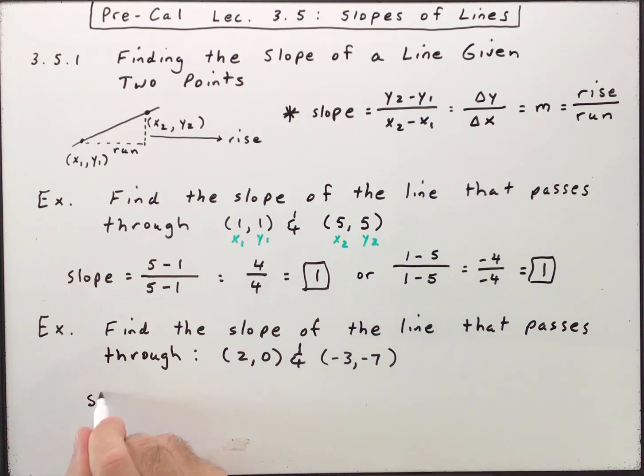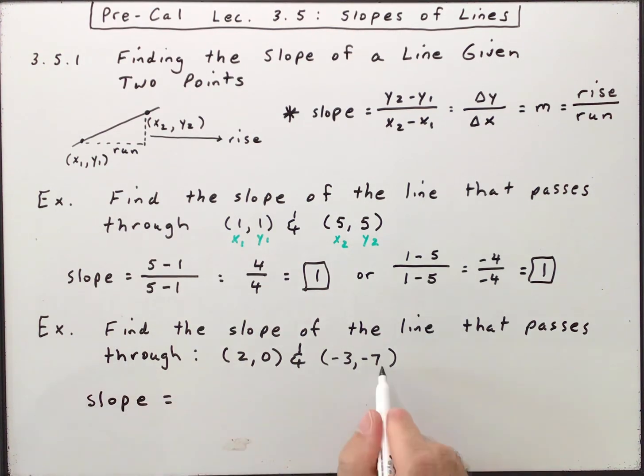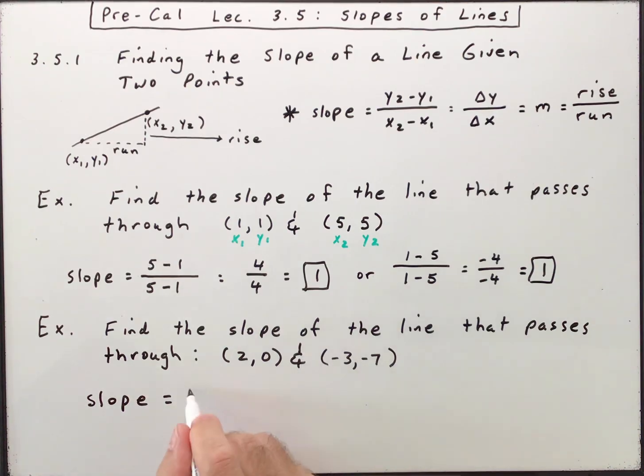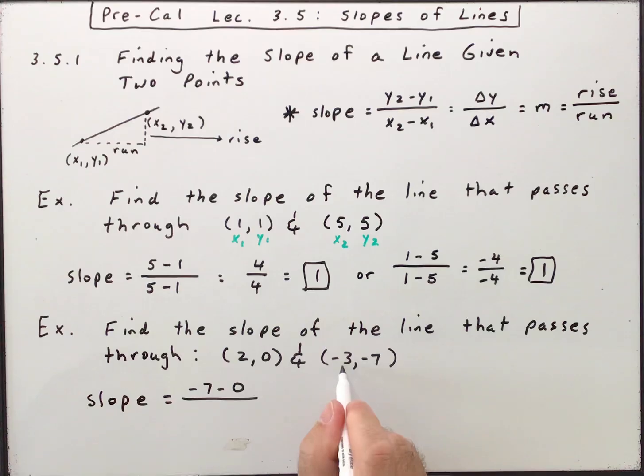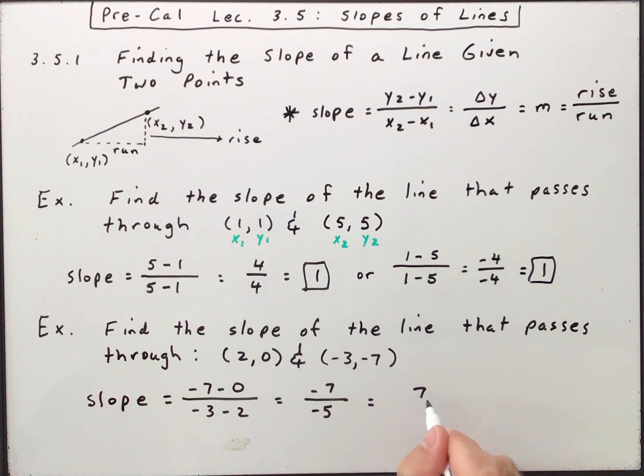All right, so I'm going to go ahead and do it the traditional way, the y2, -7 minus 0 over x2 minus x1. So -3 minus 2. That's going to be -7 over -5. The negatives will cancel and you have 7 over 5.